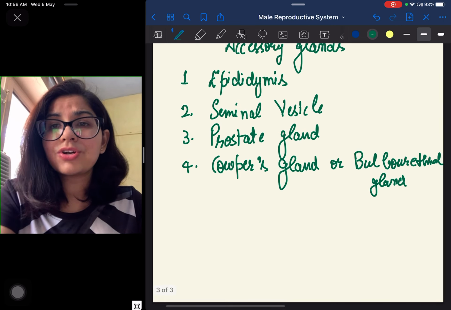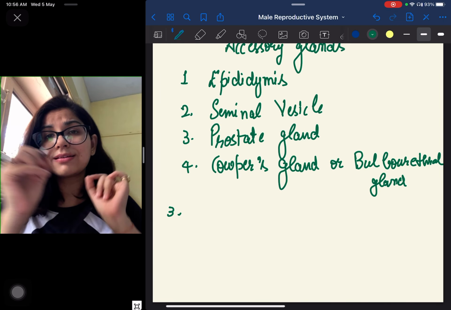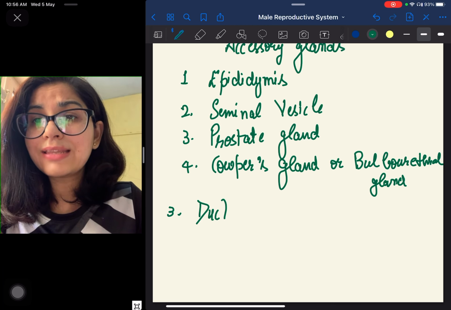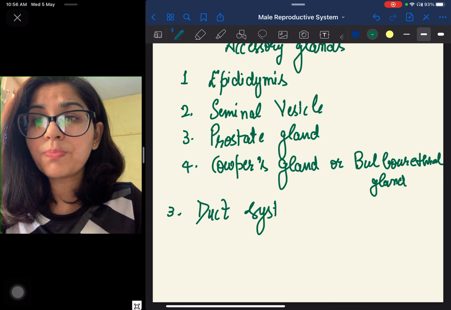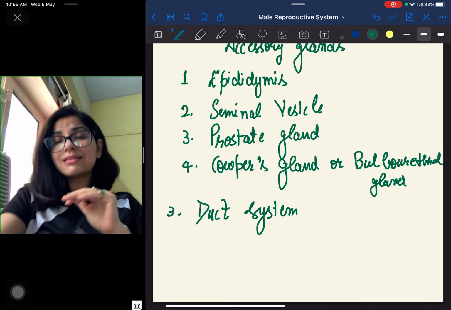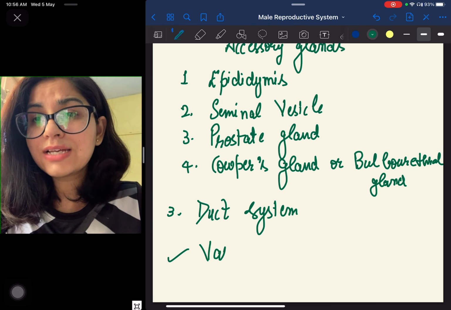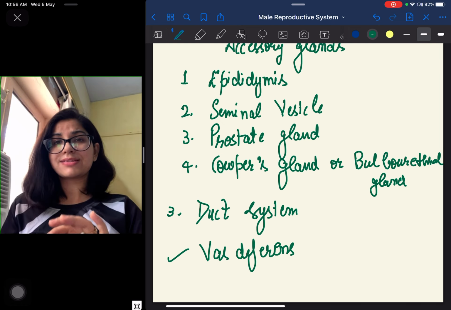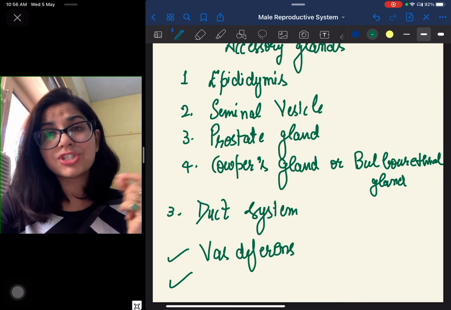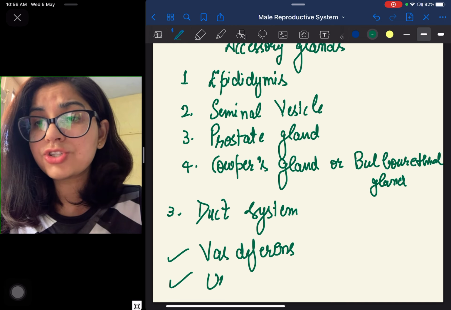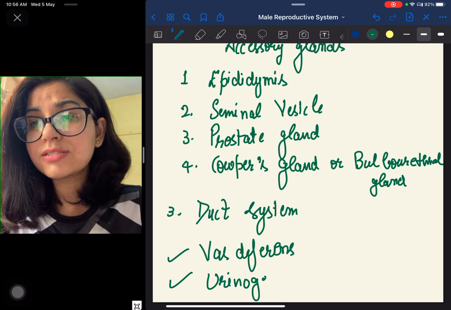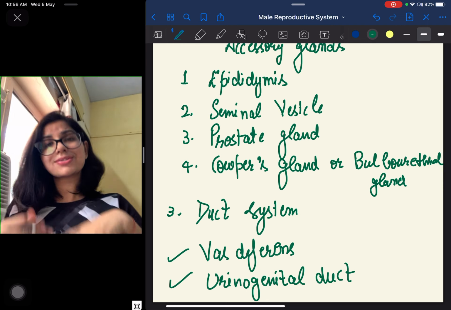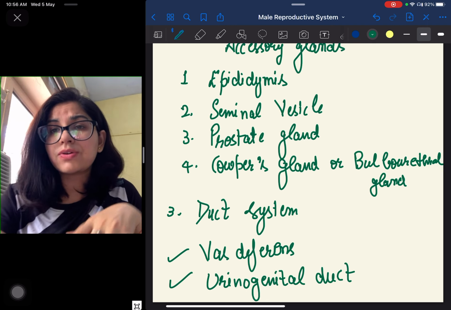The last thing your diagram should have is the ducts, known as the duct system. One of the most important ducts carrying the sperms is the vas deferens, bachcho. Another one, which carries urine also, is the urinogenital duct. It carries both urine as well as the sperms.